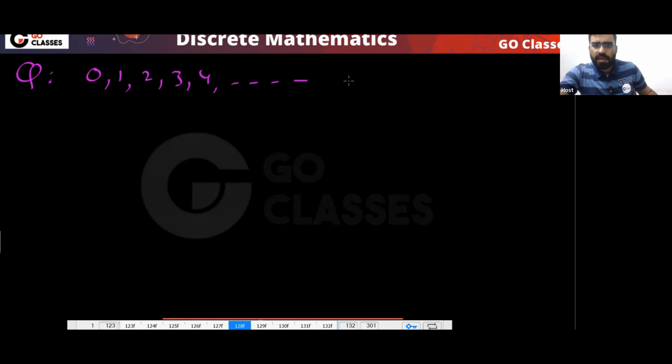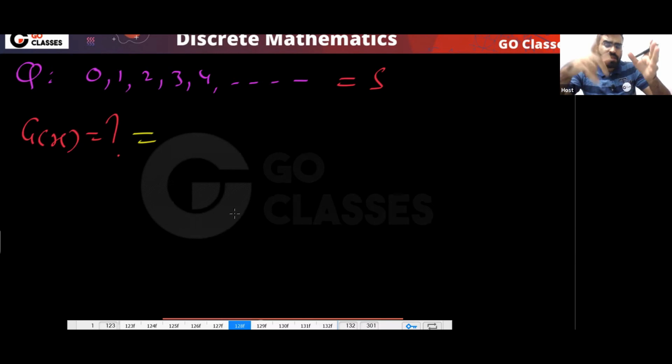If I give you this sequence and ask for the generative function, you will find the AGP. You don't do the differentiation. I am just telling you that you can do differentiation, but don't do it in the GATE exam.